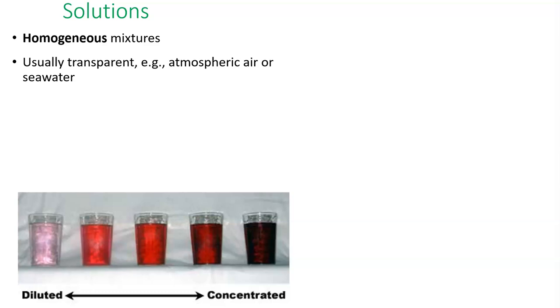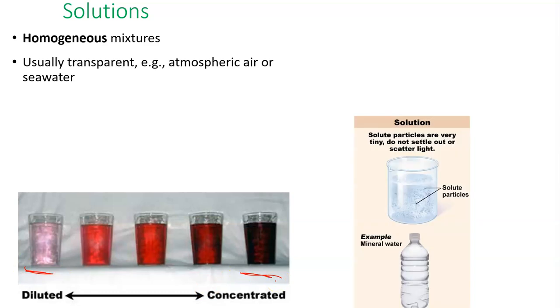And this can usually be transparent, like atmospheric air or seawater. You can have diluted, as we have down here, all the way to concentrated. In a solution, the solute particles are so small that they don't settle out, and they basically can be absorbed by the water or the solvent that they're in.